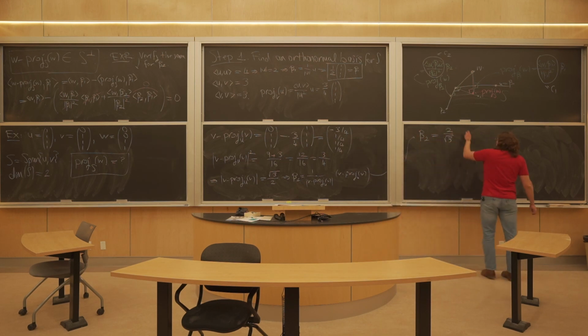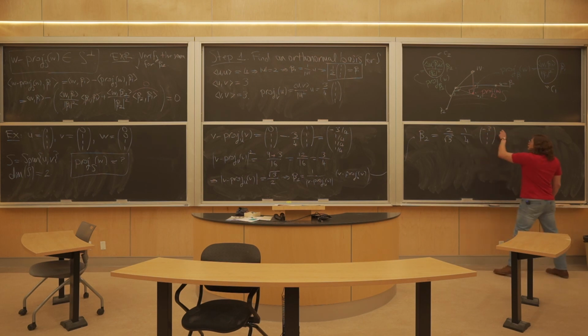This vector I can write like this: 1 over 4 times minus 3, 1, 1, 1. So this is 1 over 2 root 3 times minus 3, 1, 1, 1. So this is my second basis vector.